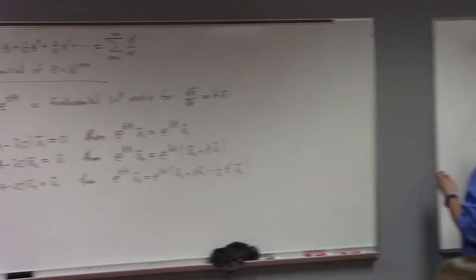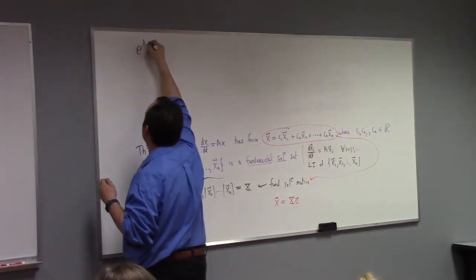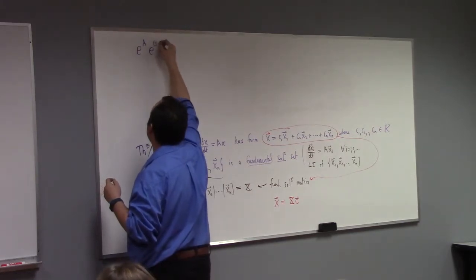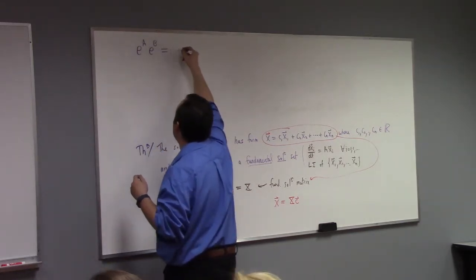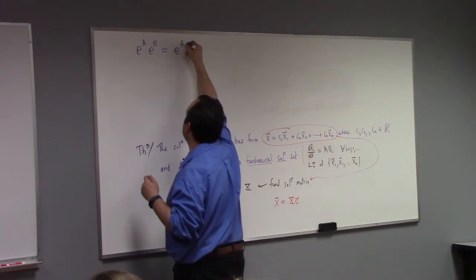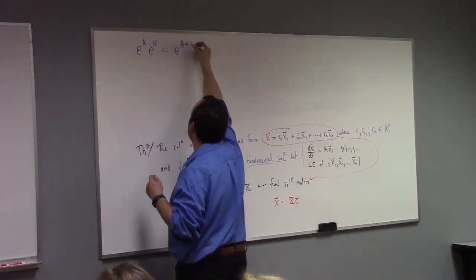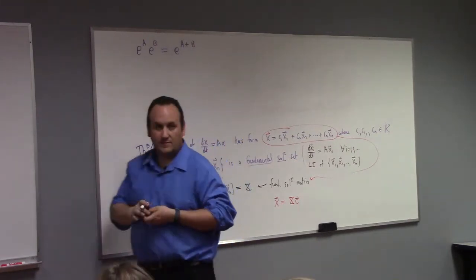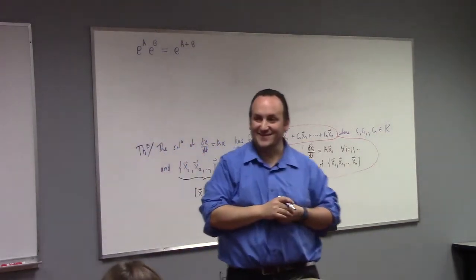So one of the things that's really neat about the matrix exponential is that e to the A times e to the B is equal to e to the A plus B, is what you might think. But it's not.